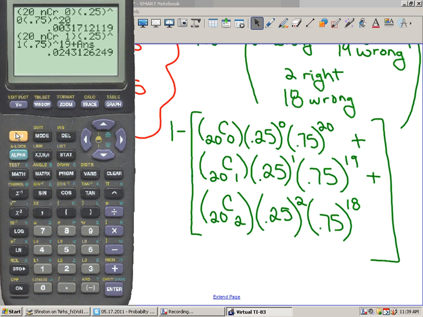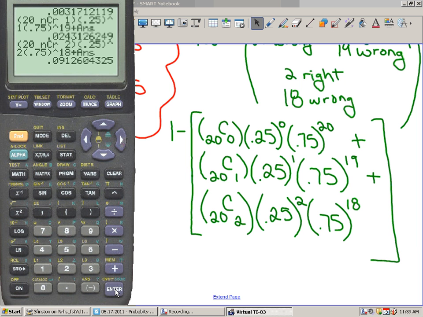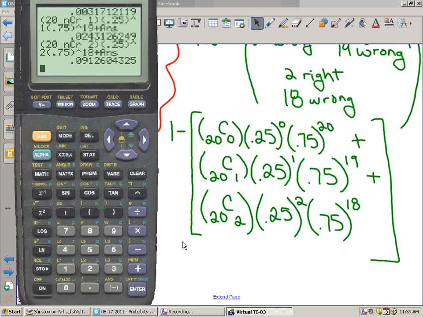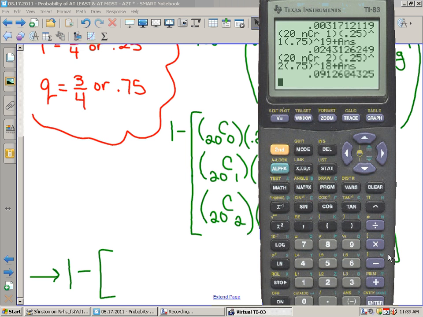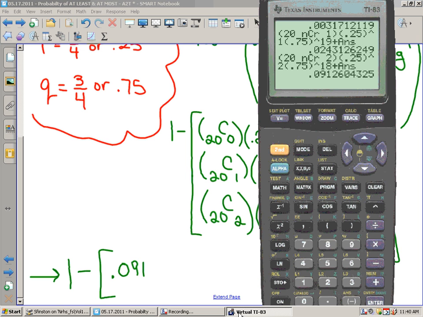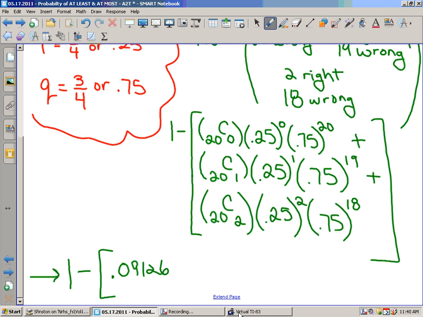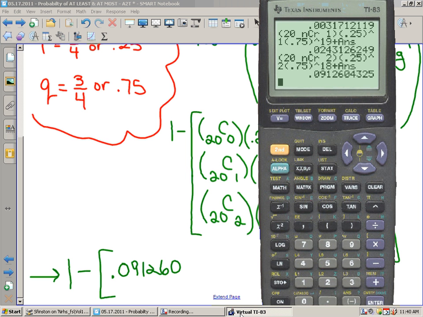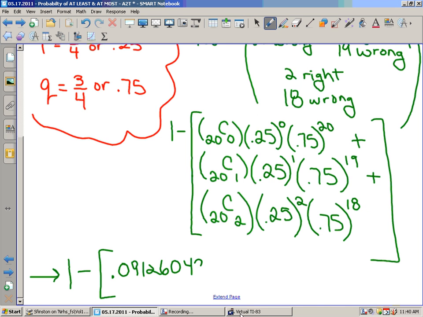Second entry, right? This should be a 2. This should be a 2. And this should be an 18. And you're going to hit enter. And so we should get that, right? So that is 0.091260 4325, right?